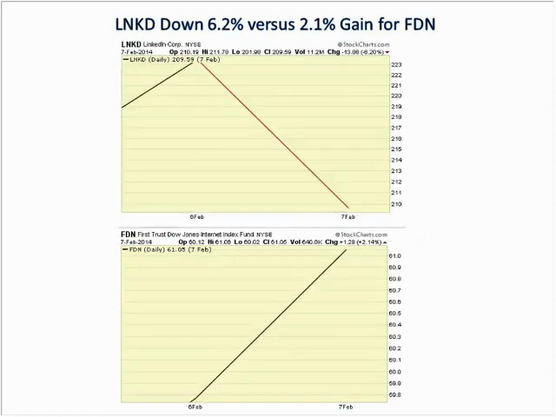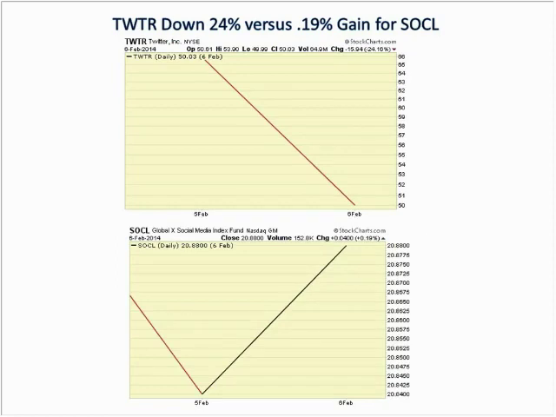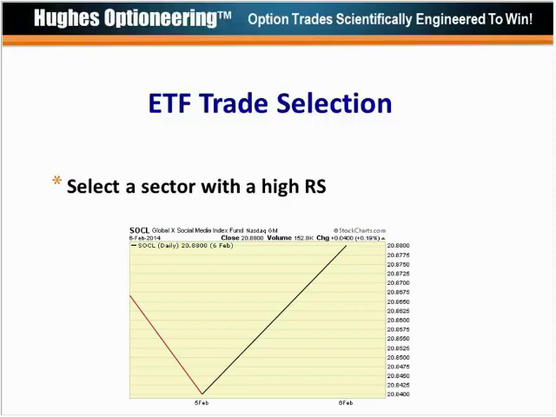LinkedIn was down 6% this day versus a 2% gain for the Internet ETF. Here's one more. Twitter was down 24% in one day, and there was actually a small gain for the social media ETF. So again, individual stock down 24%, ETF just about flat on the day, small gain on the day. So you reduce your risk and volatility when you trade ETFs.